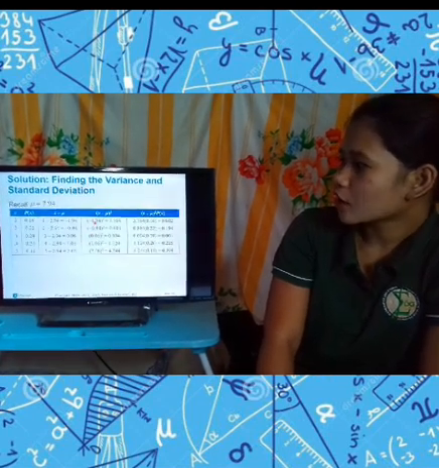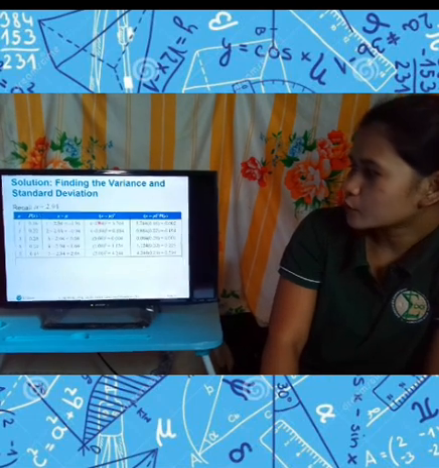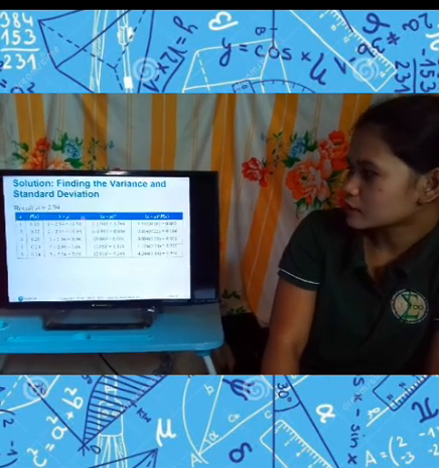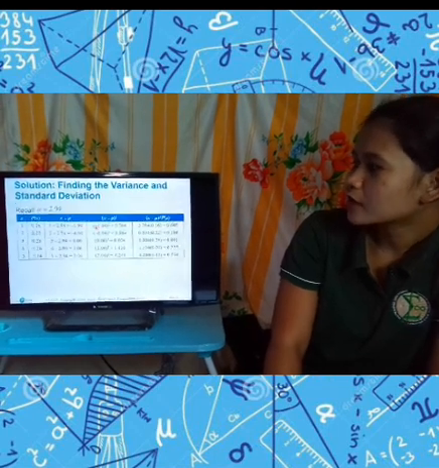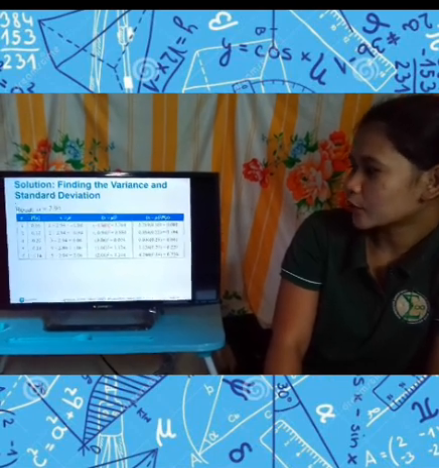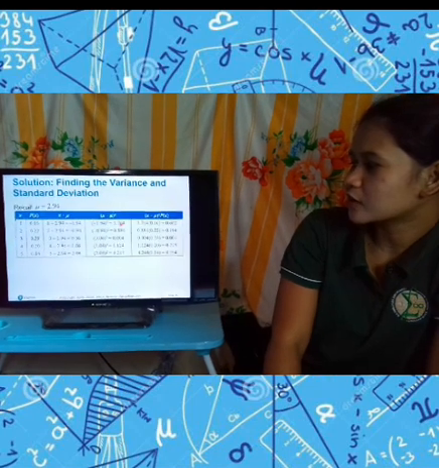So on our fourth column, we will square the values in the third column. So negative 1.94 squared is equal to 3.764.